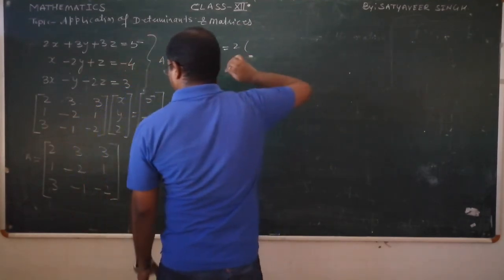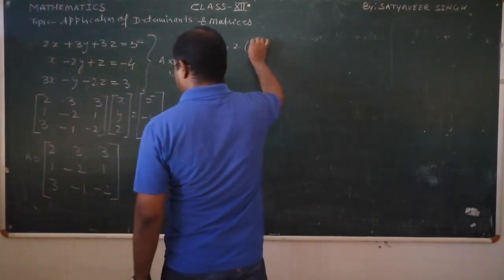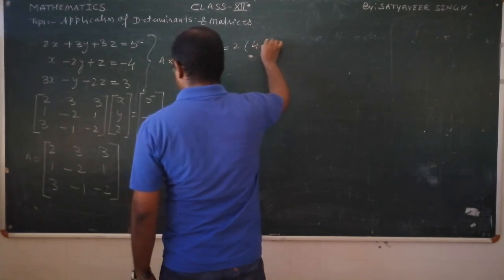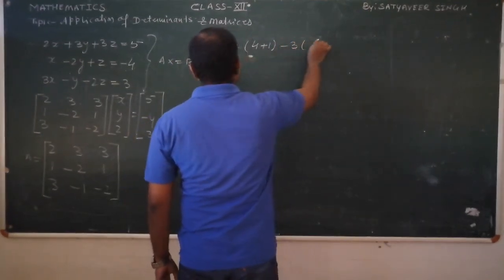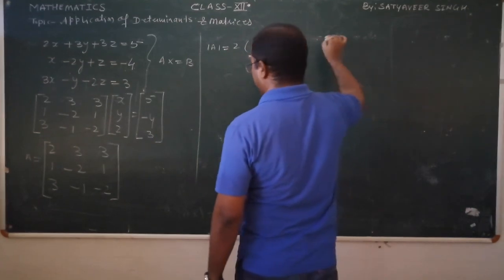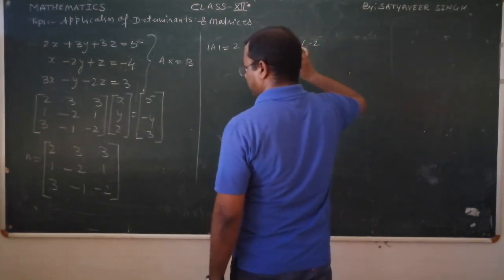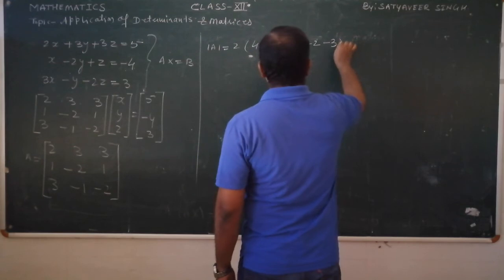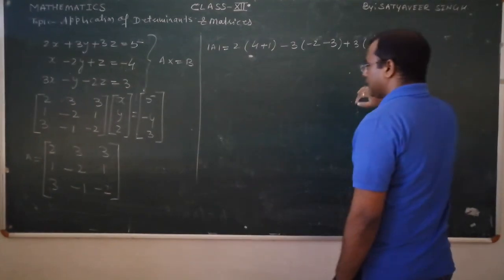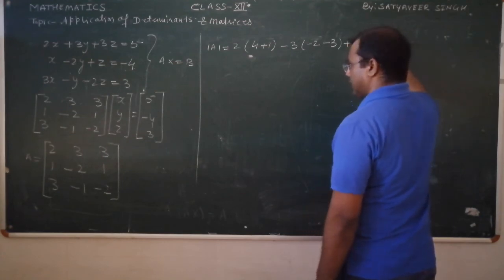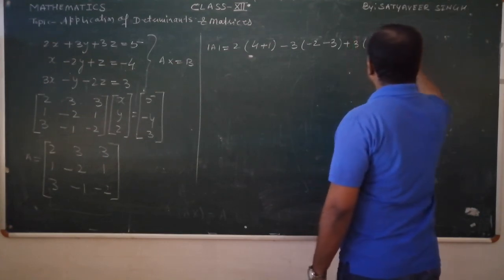It is 2. And then further you will write here it is 4 plus 1, then minus 3, then you will write here it is minus 2 and minus 3, and plus 3 you will write, then it is you will write it is minus 1 and plus 6.